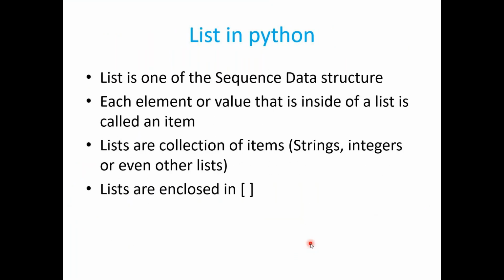So now by this time you got a better idea about list. So list is one of the sequence data structures in Python. Each element or each value that is inside a list is called an item. So list is nothing but a collection of items. You can have a list of strings, a list of integers. A list can contain another list as an element. And if you find the square brackets, that's an indication that you are dealing with a list.